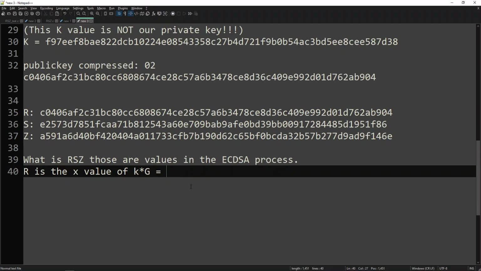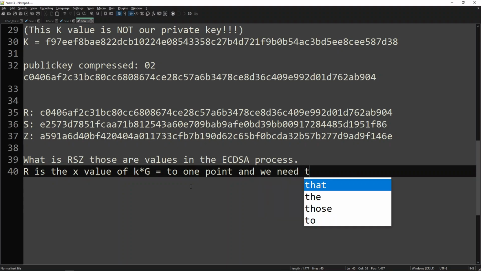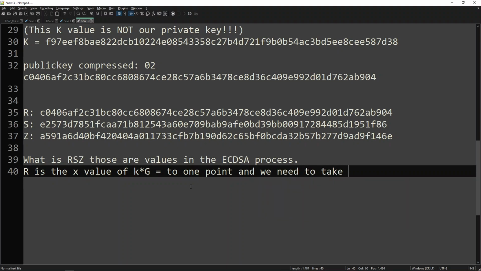So this is equal to one point, and we need to take its value.